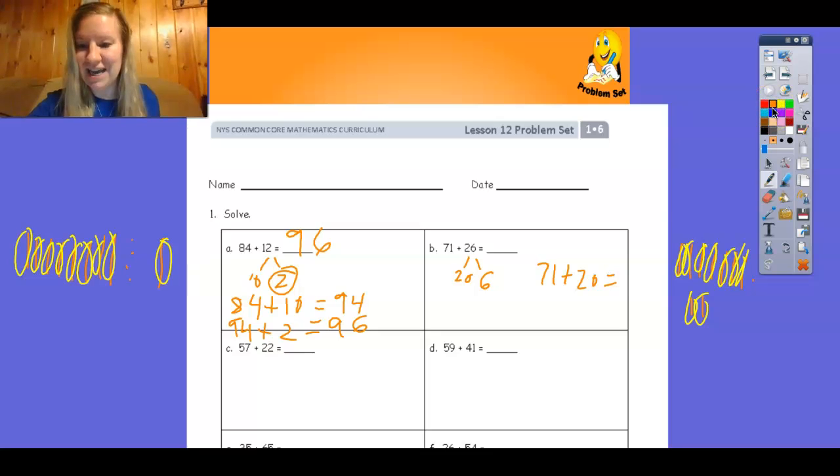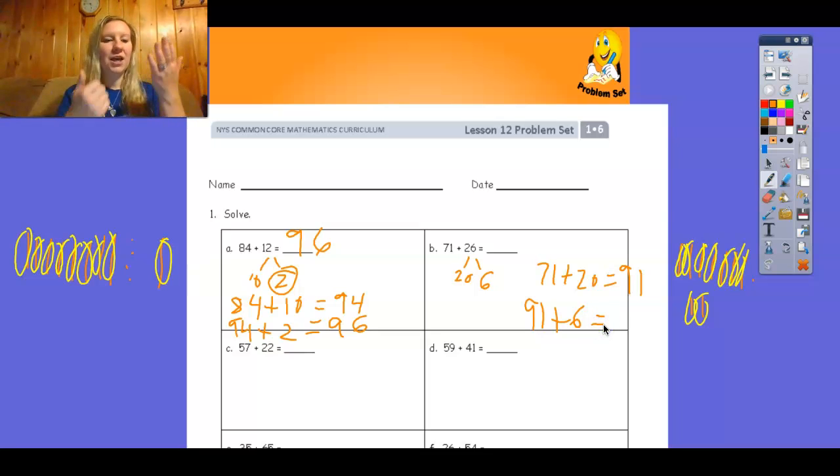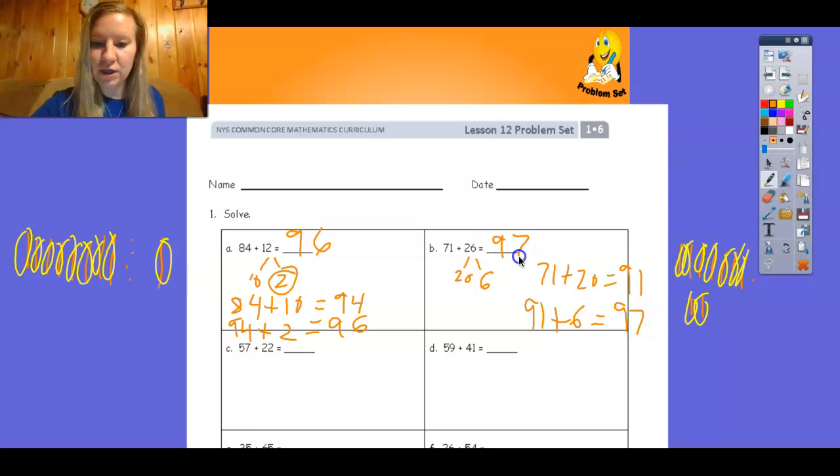I now have 9 tens, and I still have my 1. So now I have 91. 91 plus 6 equals, and I can count that on my hands, 91, 92, 93, 94, 95, 96, 97. So my total is 97. I'm going to write that up here.